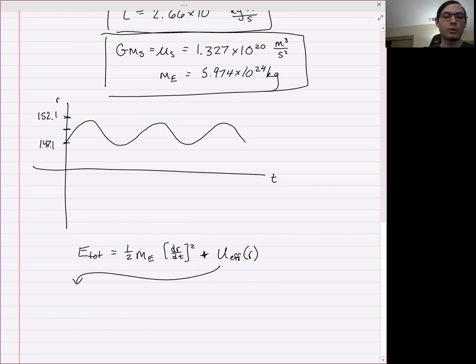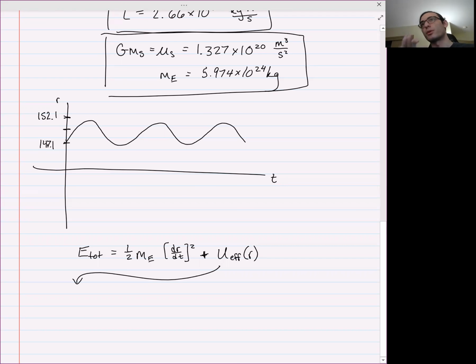We care about the value of R when it's 147.1 gigameters. We care about the value of U effective of R when it's 152.1 gigameters. And so it turns out that the best place to approximate this, and indeed this is the sensible place, well, the best place would be exactly in the middle.